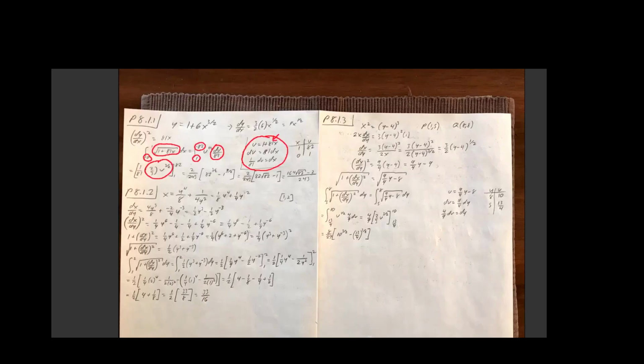Multiply it out, plug in the 82, plug in the 1, take the difference, and you should get something like that, or whatever the decimal approximation would be. So that one's not too bad, comparatively speaking.